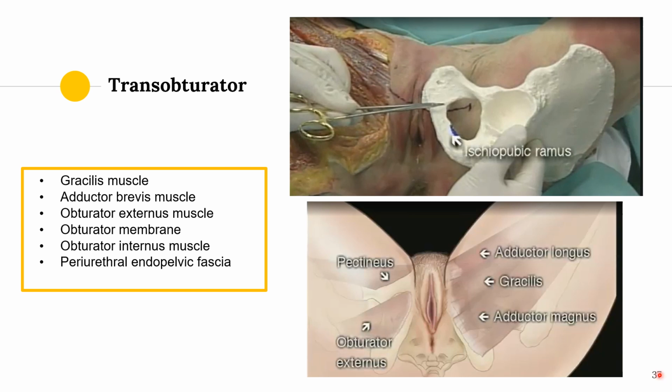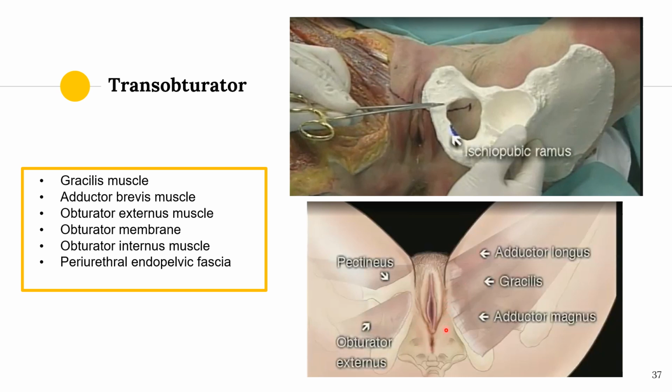Once we reach there, the needle will curve around the ischiopubic rami, further perforate the obturator internus, and we direct it using our finger to perforate the periurethral endopelvic fascia where we have created a tunnel.